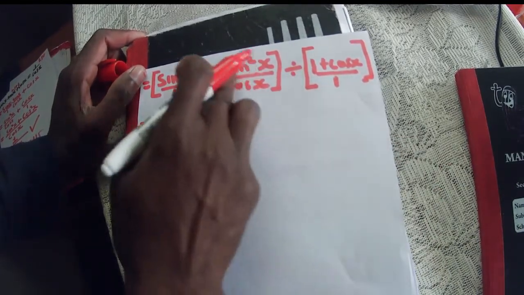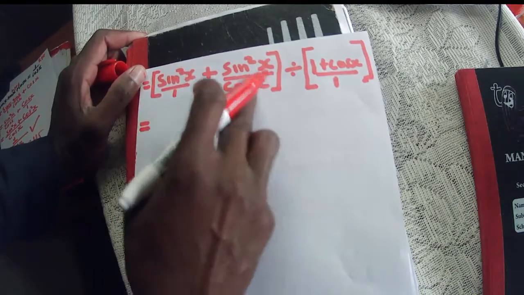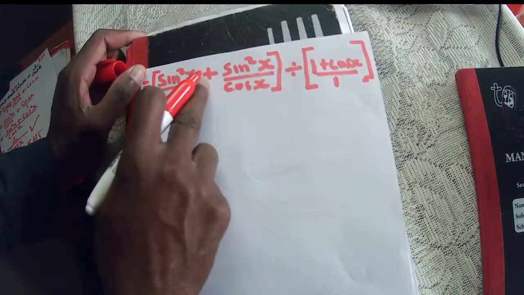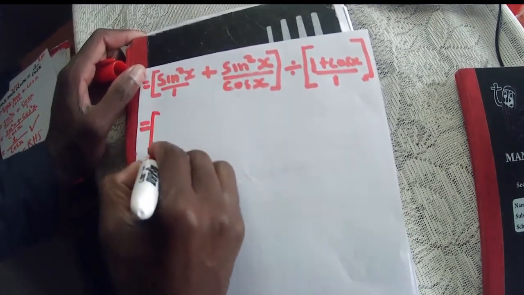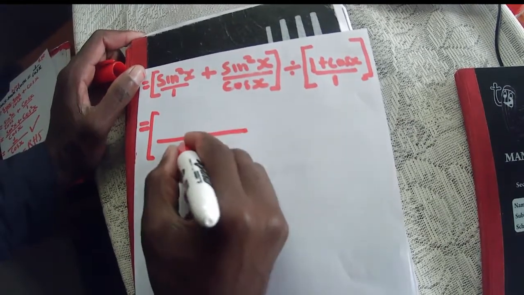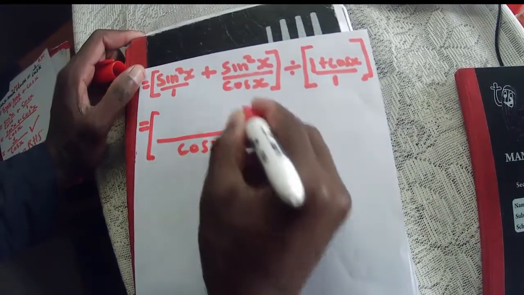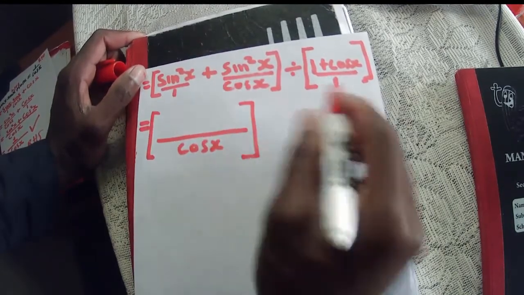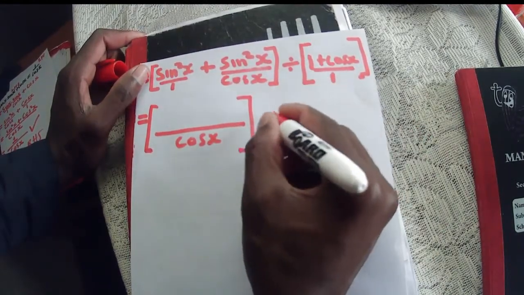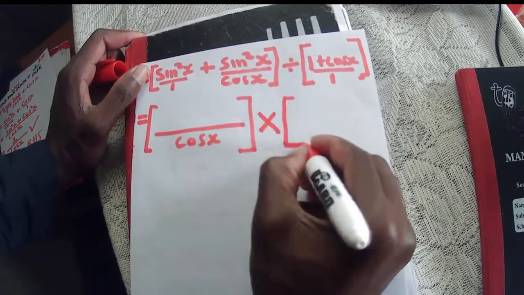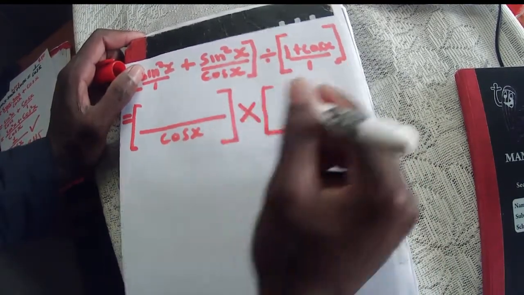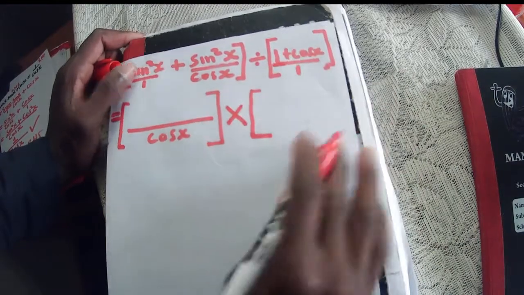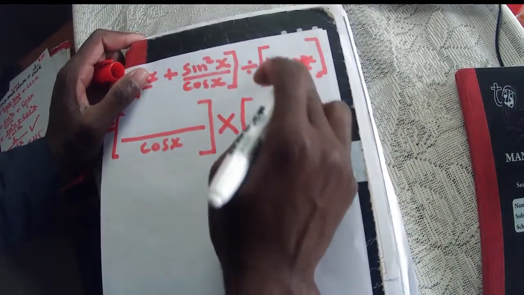So I'm gonna deal with everything inside here. Because we have a plus, let us get the common denominator, that is cos of x. For this parenthesis, then I'm going to change this division into multiplication. When you change a division to multiplication, you also have to change your fraction.